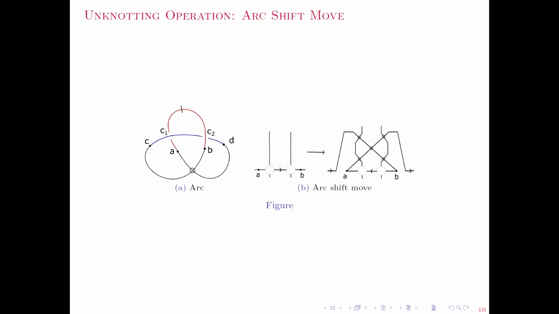This is different from the forbidden move. In the forbidden move, the Gauss diagram has two consecutive overs, the tails of the arrows are changed, right? The order is changed only. In this case, the order is changed, the signs are also changed, and it need not be over. It can be over-under. There can be a bar in the middle also. So I will show that.